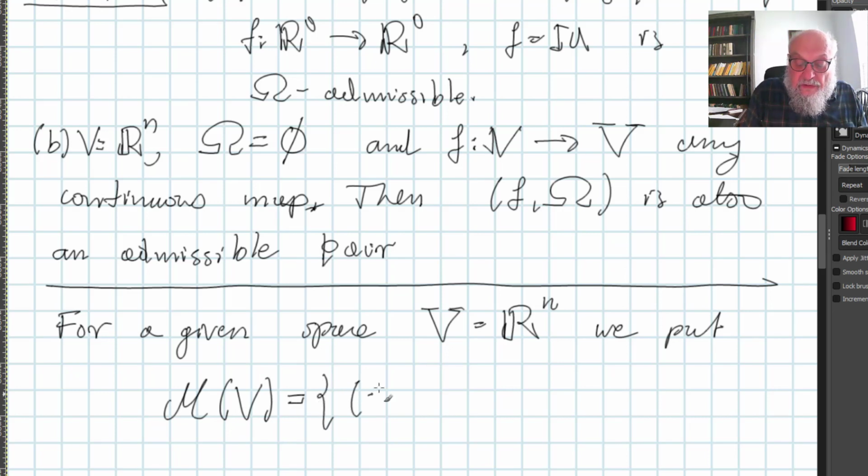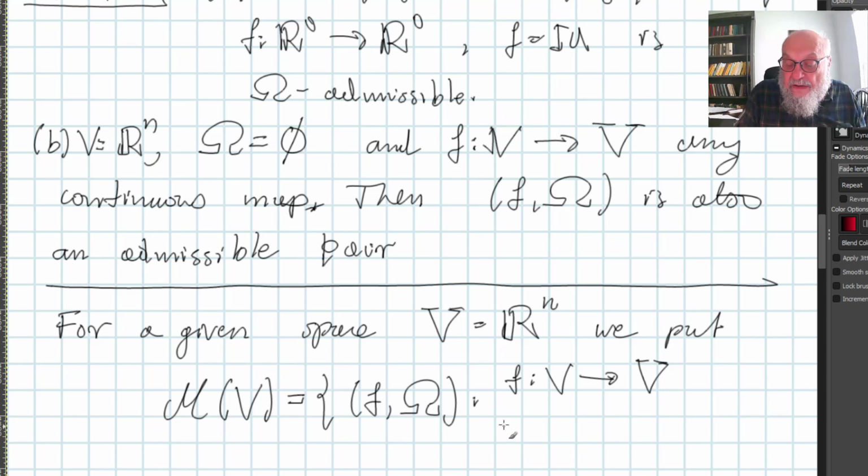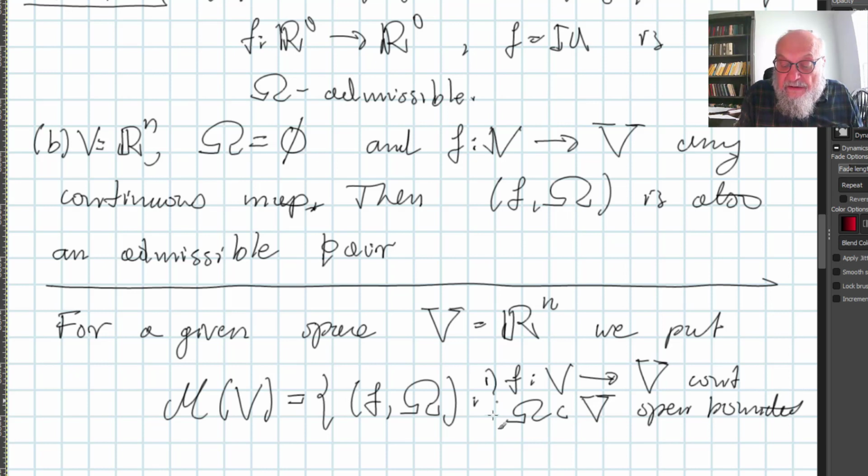This is the set of all (f, omega) such that f is continuous from V to V, omega is a subset of V that is bounded and open, and the third one, (f, omega), is admissible.